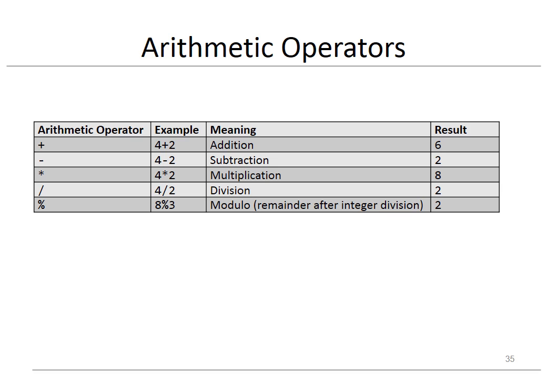The modulo operator is often used to check whether a number is even or odd. For an even number, modulo 2 will result in 0, whereas for an odd number, modulo 2 will result in 1.